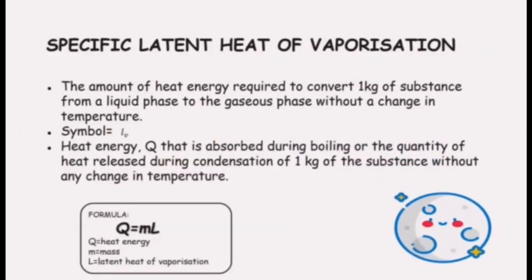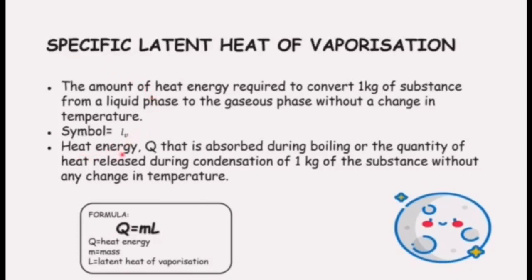Now I will talk about specific latent heat of vaporization. Specific latent heat of vaporization is the amount of heat energy required to convert 1 kilogram of a substance from liquid phase to gaseous phase without a change in temperature. The symbol of latent heat of vaporization is Lv.